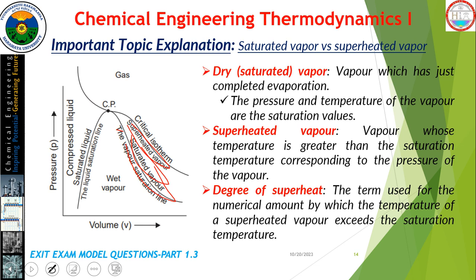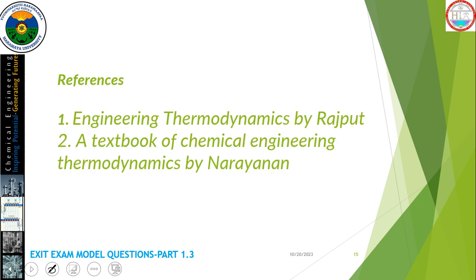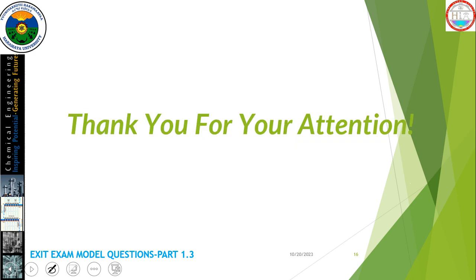The vapor which has complete evaporation has a lower temperature compared with superheated vapor. As references, you can use Engineering Thermodynamics by Rajput and the textbook Chemical Engineering Thermodynamics by Narayanan. Thank you for your attention.